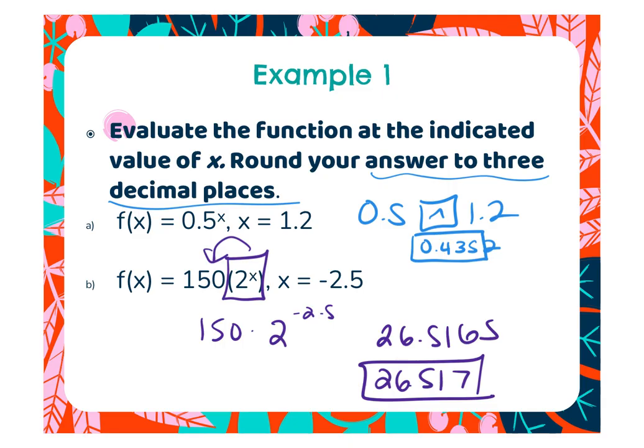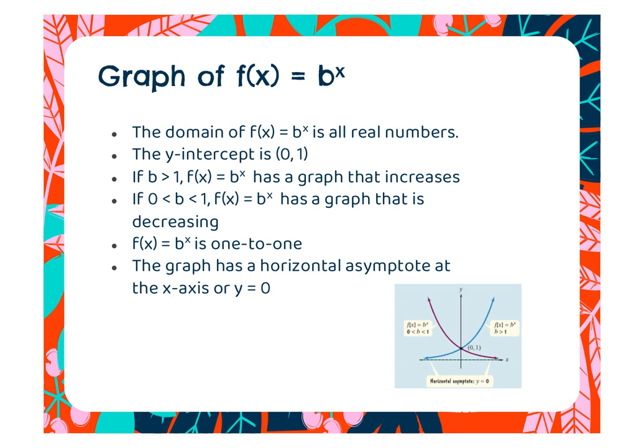We're going to jump to the second part and pick up with graphs of exponential equations. First of all, the domain of every exponential equation is all real numbers, or negative infinity to positive infinity, because there's nothing we can't plug into an exponential function. In your parent exponential function, your y-intercept is (0, 1).